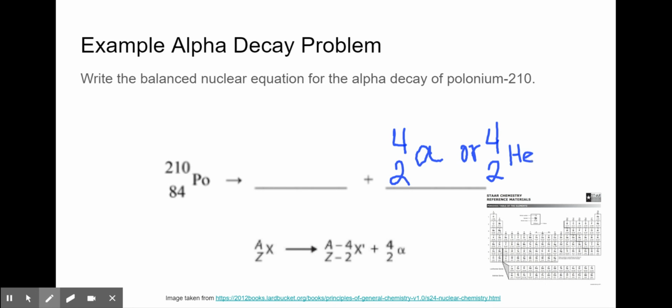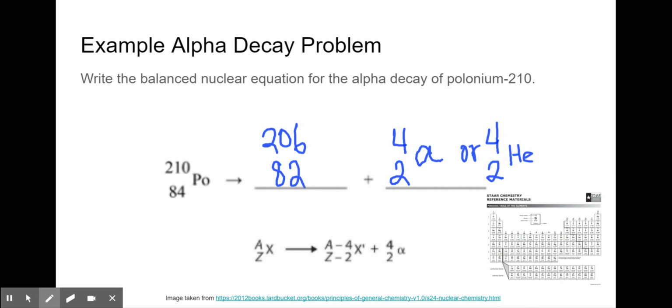So right now, I have 4 nucleons and 2 protons on the product side, whereas I have 210 on the reactant side. 210 minus 4 gives me 206. 84 minus 2 gives me 82.